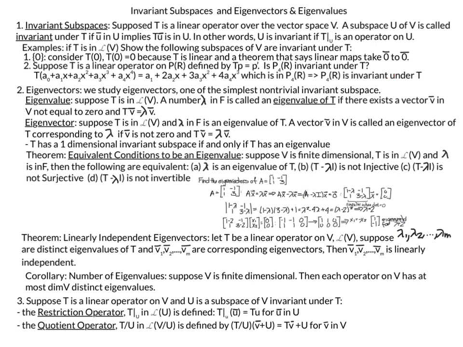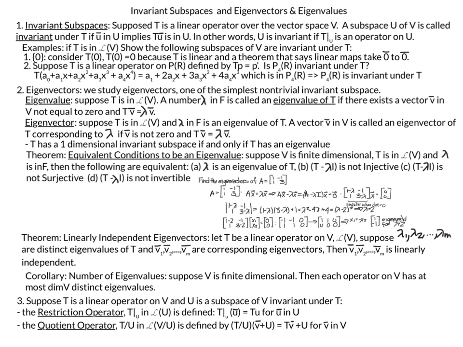One of the simplest and most important examples of invariant subspaces concerns eigenvalues and eigenvectors. So we study eigenvectors, one of the simplest non-trivial invariant subspaces. For eigenvalues, suppose T is in the space of linear maps L of V. The number lambda in F is called an eigenvalue of T if there exists a vector v in the vector space V, not equal to 0, and T of v is equal to lambda v.